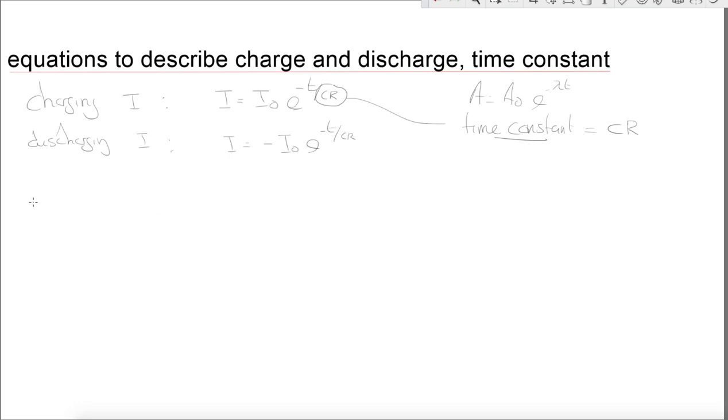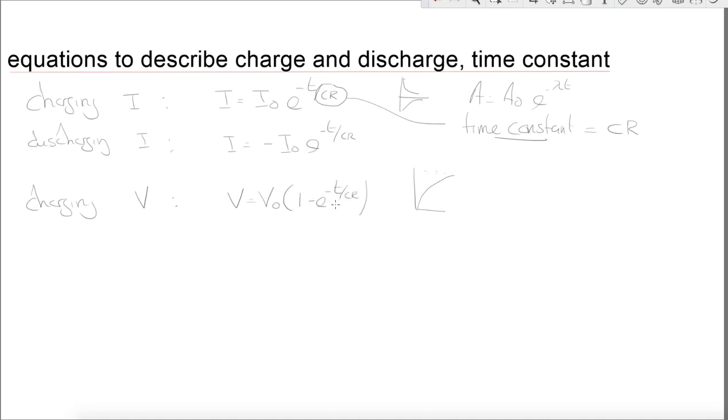So let's look at charging potential difference. Well, this is a bit different as we saw in the graph because these graphs looked like that. This graph, of course, looks like that, rising up to that supply value. So V is V naught times 1 minus e to the minus t over CR.